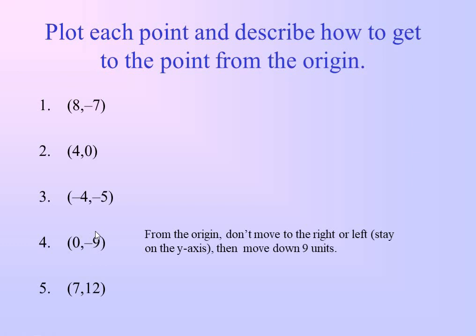So I will stay at the origin and move down 9 units, since it's negative. In which quadrant is the location? Actually, it's not in any quadrant. These points are not in any quadrant. They are on the axes themselves. Here, it's on the y-axis, and this point is on the x-axis.